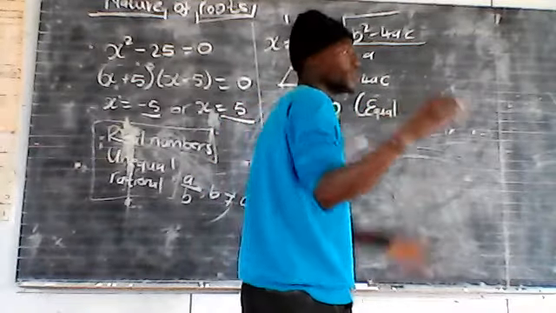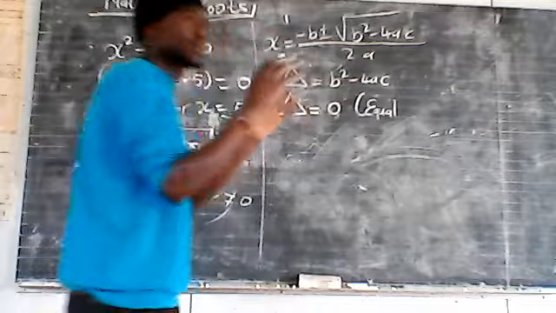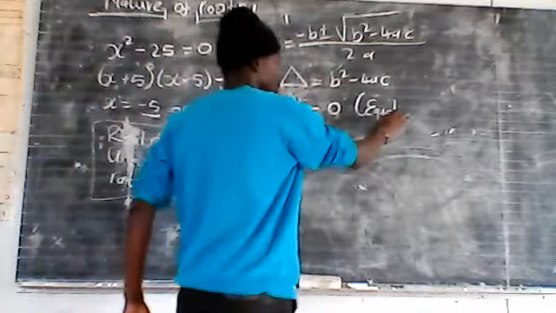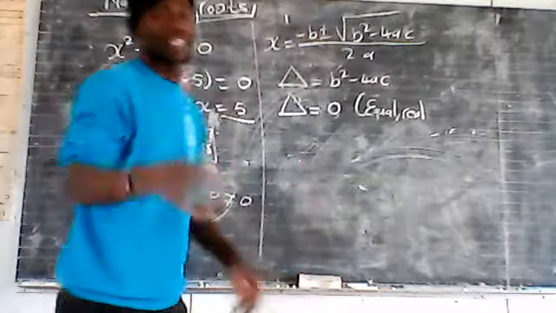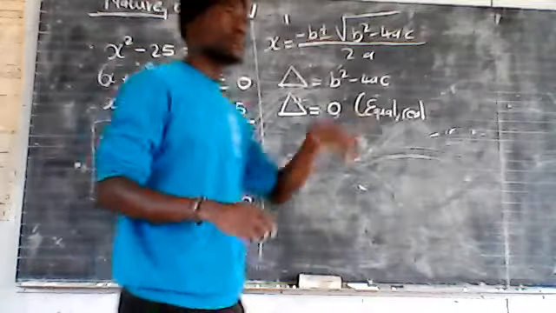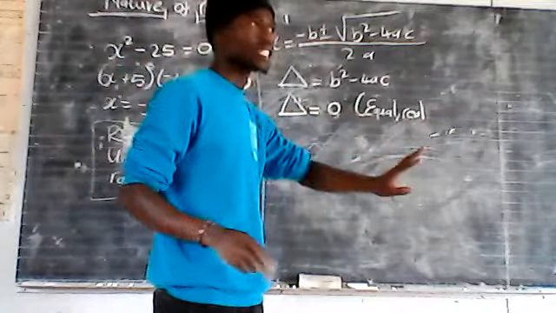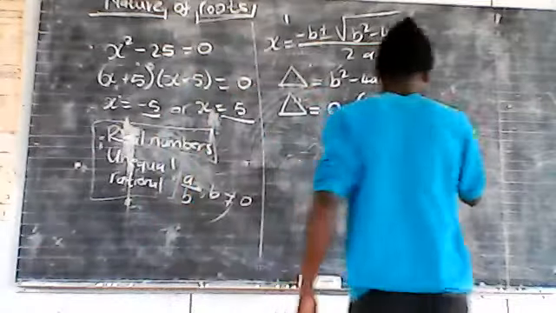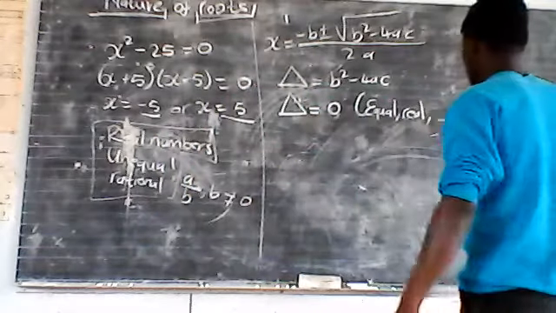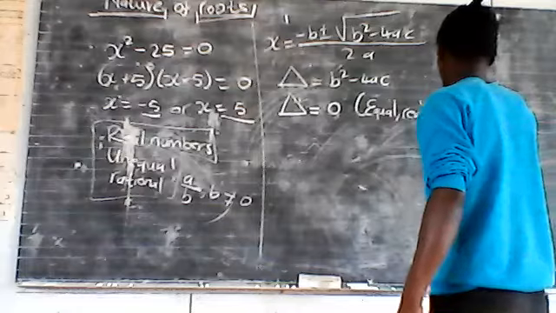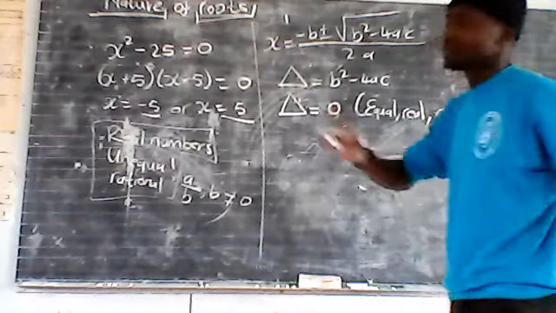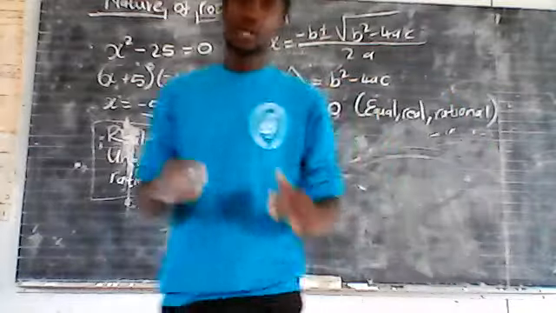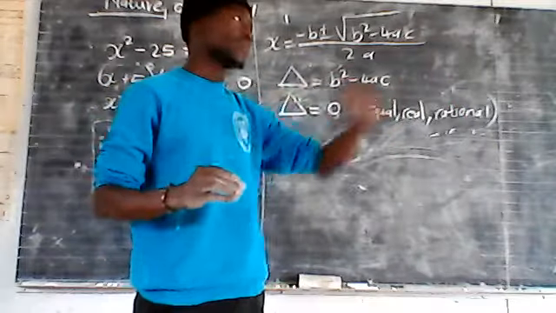Equal roots means you'll have two x-intercepts that are equal. You'll be having real roots, meaning your x-intercepts will really be there for your quadratic function. You will have real x-intercepts, and they will also be rational, guys. Rational means they can be written in the form a over b or as a recurring decimal.